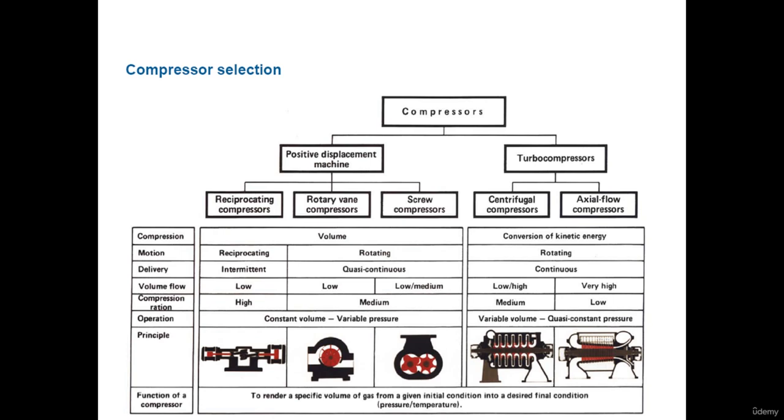For the compression ratio, reciprocating is high, the screw is medium, and centrifugal is medium, but for axial, due to its type, as we'll discuss later, it is low.